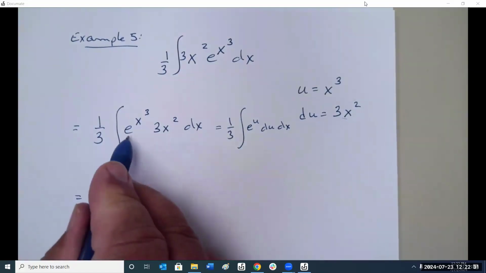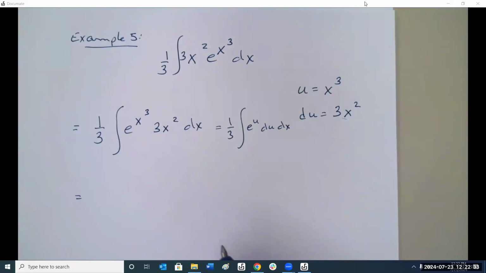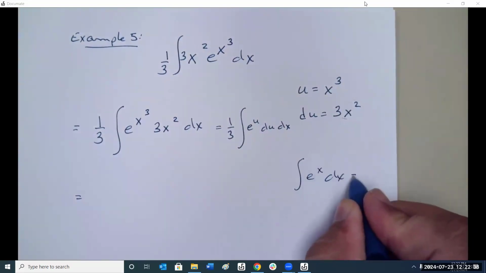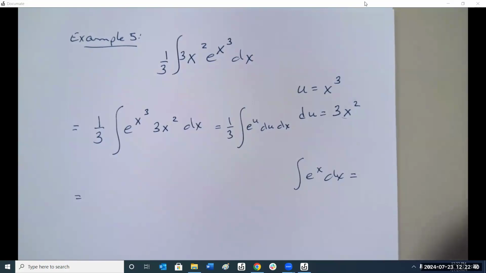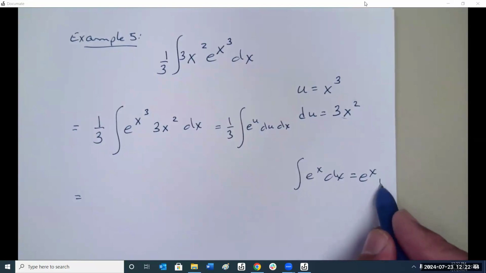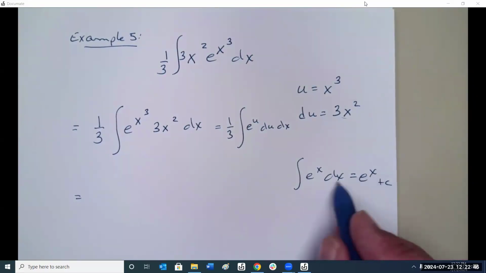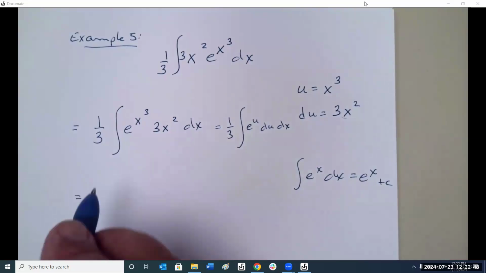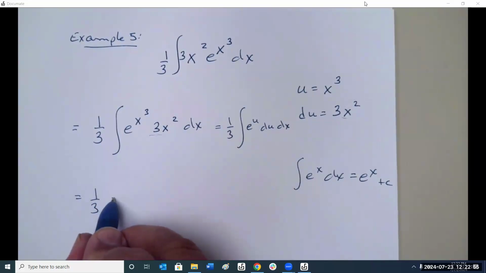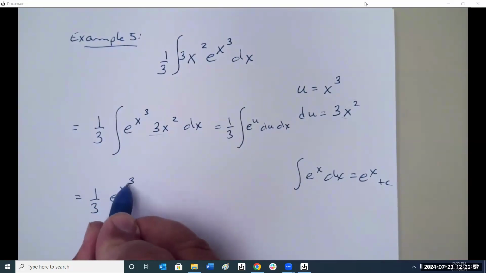What's the integral of e to the x cubed? Or what's the integral of e to the x? e to the x plus c, because the derivative of e to the x is e to the x. So since this sets us up already, our answer is e to the x cubed.